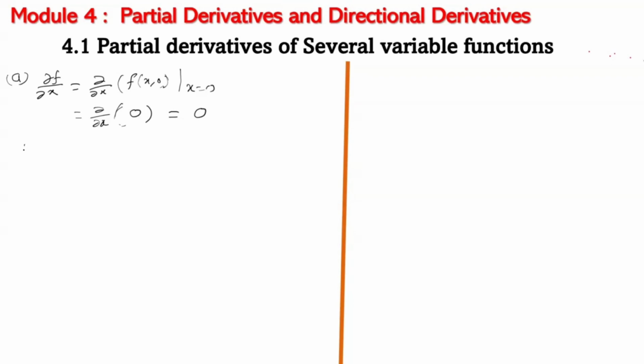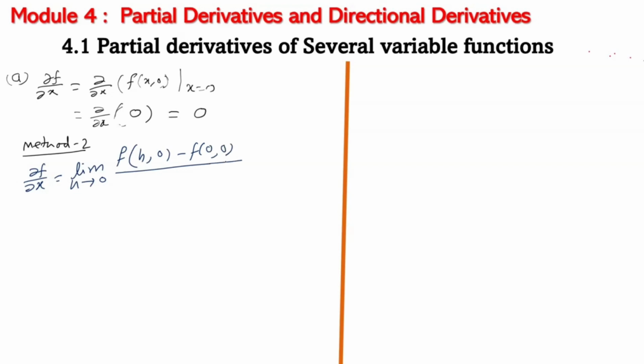So this is one method, and another method, method 2, we can do like this, del f del x is equal to limit h tends to 0, f of (h,0) minus f of (0,0) over h. So in this case also, limit h tends to 0, 0 minus 0 over h is equal to 0.